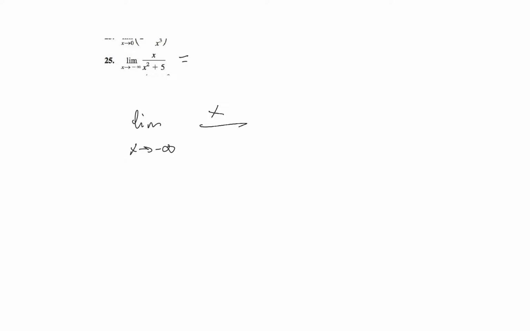If I have a big number and I add this 5, I have x squared. So it's the limit when x approaches minus infinity of 1 divided by x. When x approaches minus infinity, 1 divided by x approaches 0. So this approaches 0 from below.